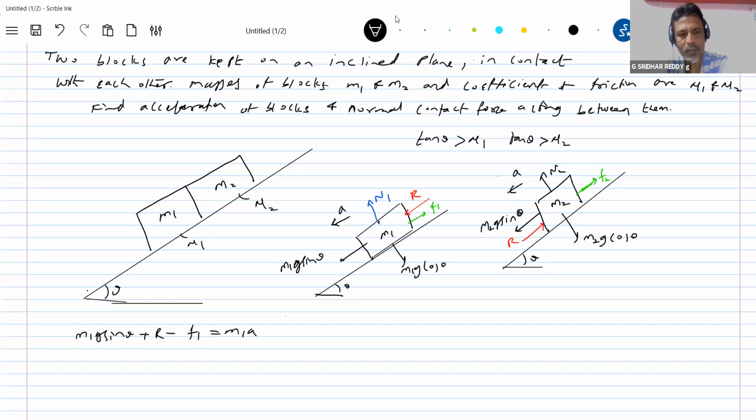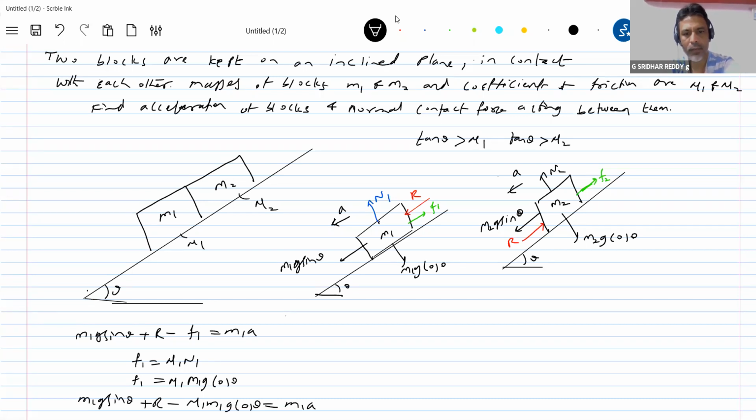F1 is mu1 N1, and N1 is equal to m1g cos theta. Substituting this: m1g sine theta plus R minus mu1 m1g cos theta equal to m1a. Keep this as equation 1.